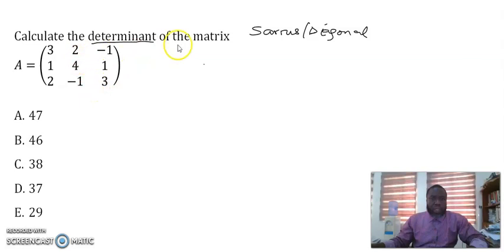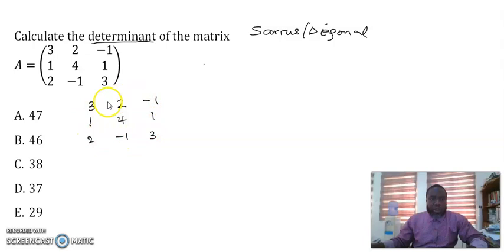So the Sarrus rule entails that we write the elements of this matrix. That is, we have 3, 1, 2, then we have 2, 4, minus 1, and then we have minus 1, 1, and 3.